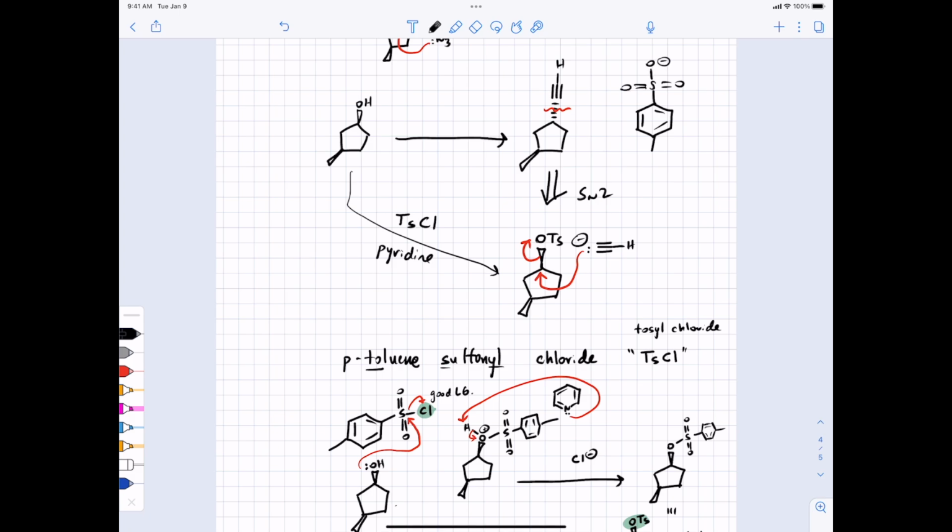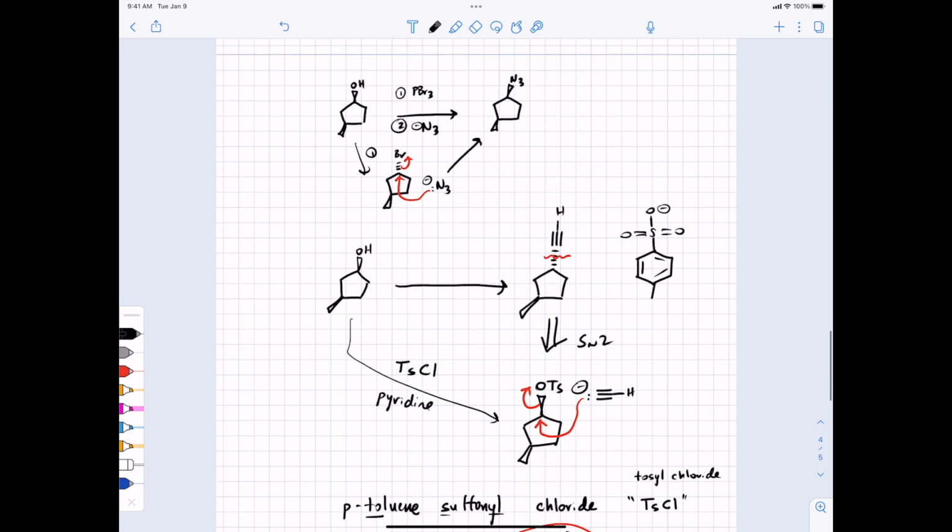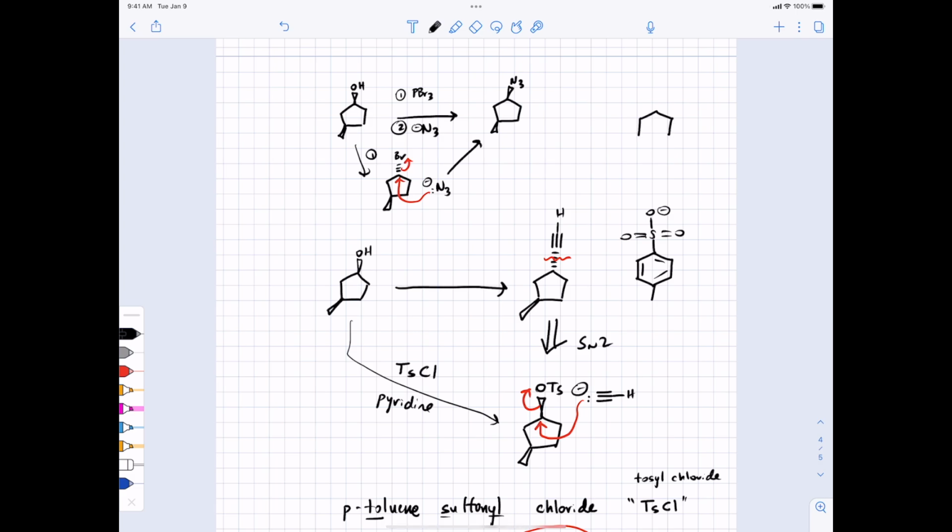Okay, and this is para-toluene sulfonylate. It is the conjugate base of para-toluene sulfonic acid, which is another reagent that you will see at some point in the future. They call this TsOH, and it's basically the organic soluble version of sulfuric acid.